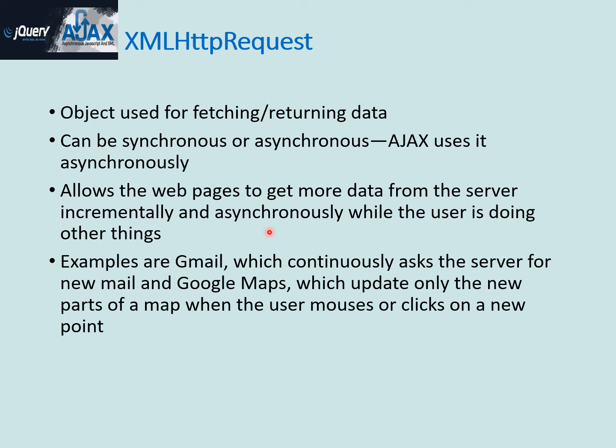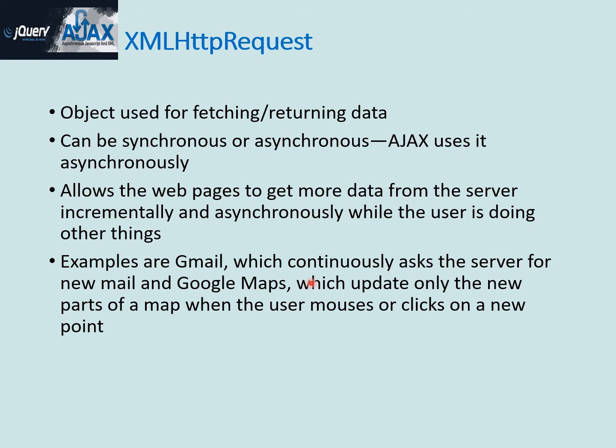Examples are Gmail, which continuously asks the server for new mail, and Google Maps, which updates only the new parts of the map when the user mouses over or clicks a new point. These examples provided by Google for asynchronous data transfer are examples of XML HTTP request and asynchronous processing of data.